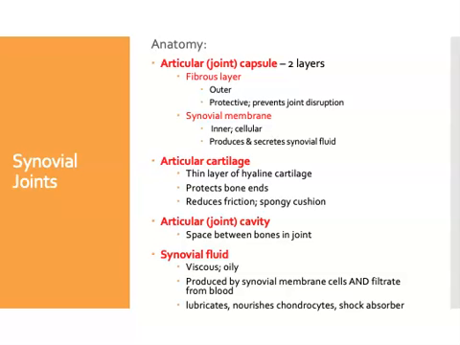Now, inside of the synovial joint, if you take the capsule away and you can see the bones that are involved in the joint, these bones are going to have a layer of hyaline cartilage on their ends. This is articular cartilage, remember. It does a couple of things. It protects the end of the bone because the bone is going to have movement within a synovial joint.